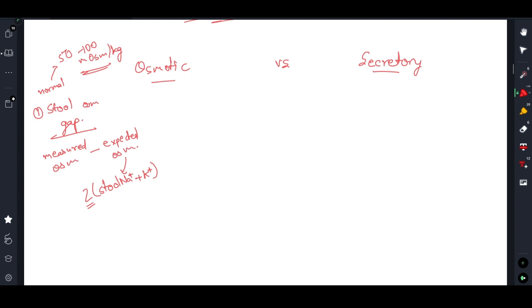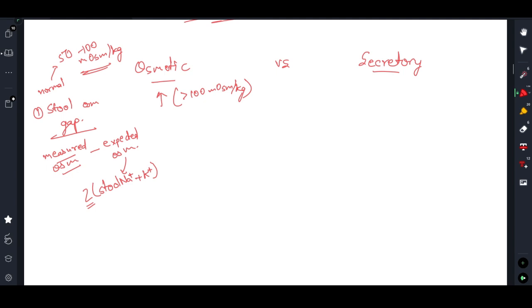Now what happened in osmotic diarrhea was that there was increase in the unabsorbed nutrients within the stool, right? So we can say that the concentration went up, hence the actual measured osmolality will go up, right? So you can remember it that the stool osmotic gap will go up in case of osmotic diarrhea, right? So it will be more than 100 milliosmoles per kg.